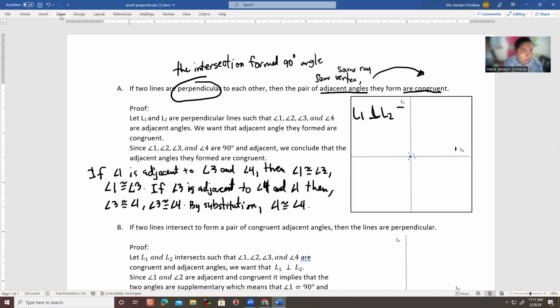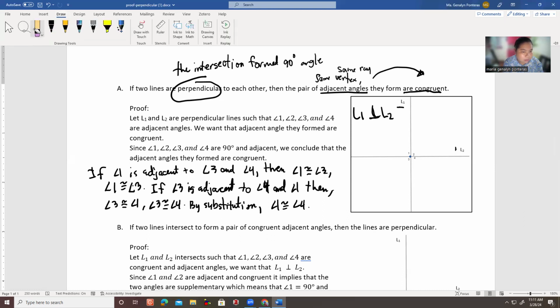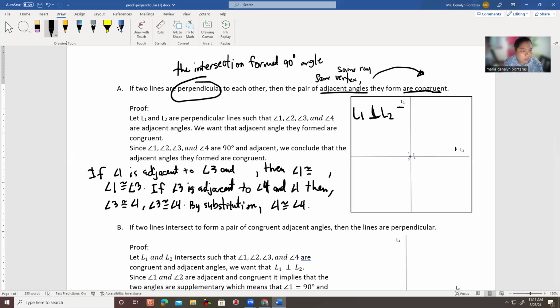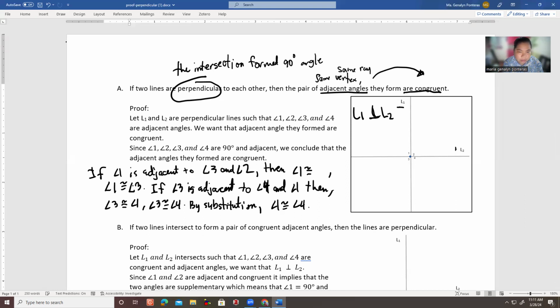Angle 1 is congruent to angle 2. If angle 1 is adjacent to angle 3 and angle 2, and angle 1 is congruent to angle 2, and angle 1 is congruent to angle 3, and if angle 3 is adjacent to angle 4 and 1, then angle 3 is congruent to angle 1, and angle 3 is congruent to angle 4.